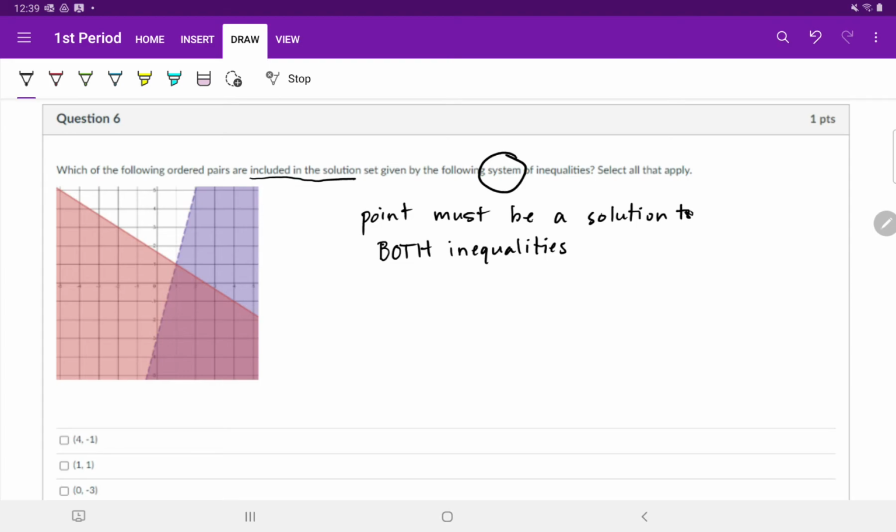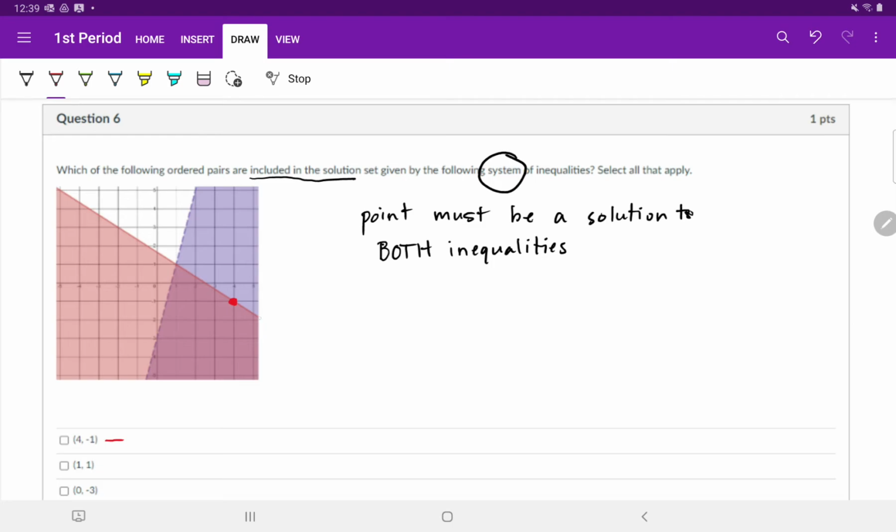So let's start with the first point. We've got 4, -1. That is located right here. Is this a solution to the red inequality? It sits right on that red line. Yes, it is a solution to the red inequality because points on a solid line are solutions.